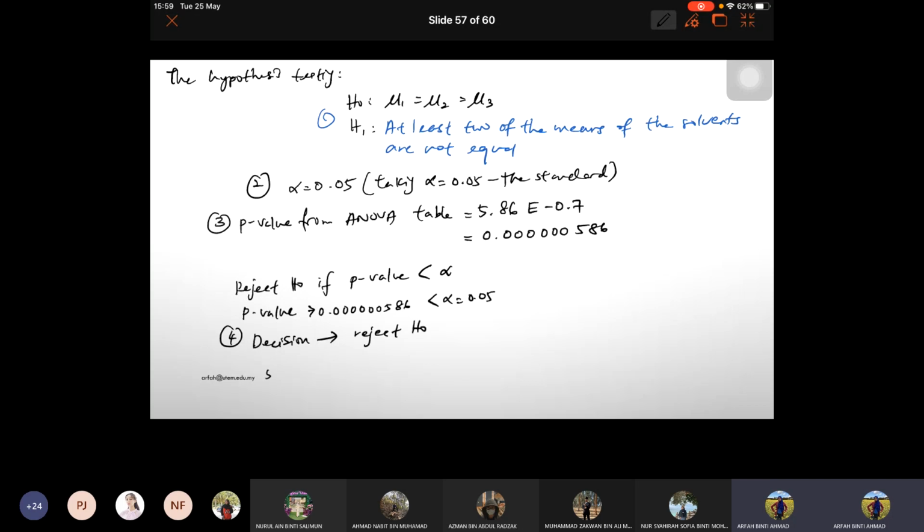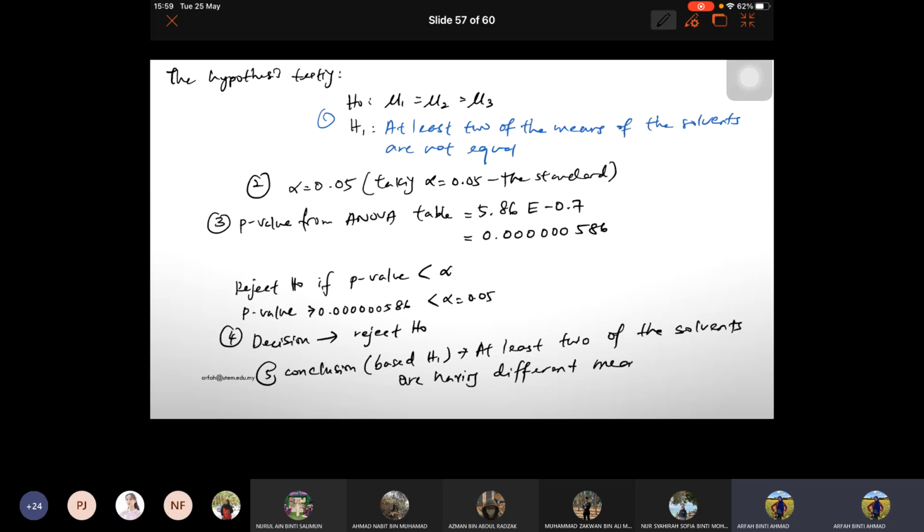Okay. Dan step kelima, conclusion, okay, because kita reject H null, the conclusion will be based on H1. So at least 2 of the means, at least 2 of the solvents, okay, at least 2 of the solvents are having different means absorption.